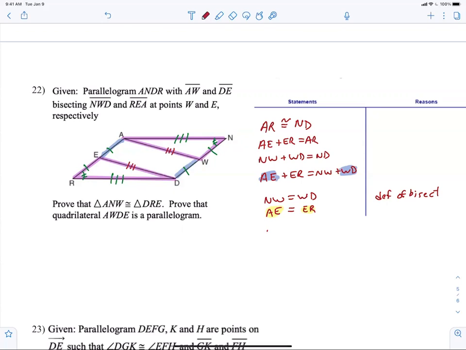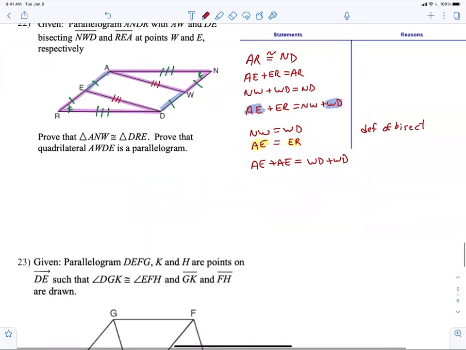So we can say AE plus AE equals WD plus WD. That was kind of annoying, but kind of necessary, I thought. So everybody agree with that?